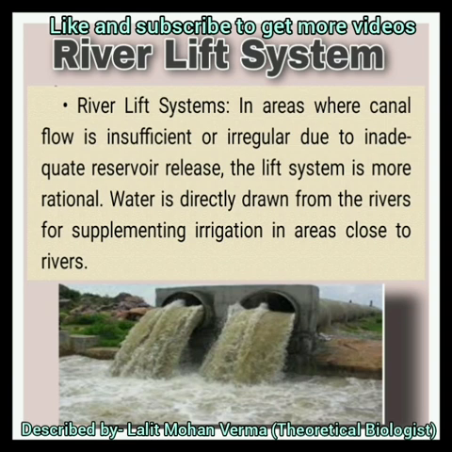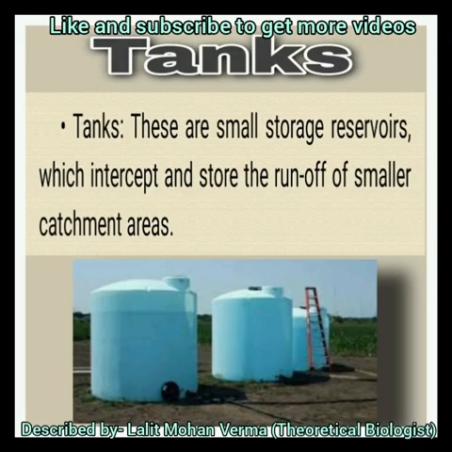The next type of irrigation is tanks. Small storage reservoirs which intercept and store the runoff water of smaller catchment areas are known as tanks. This technique is usually followed in the hilly areas having a slope.